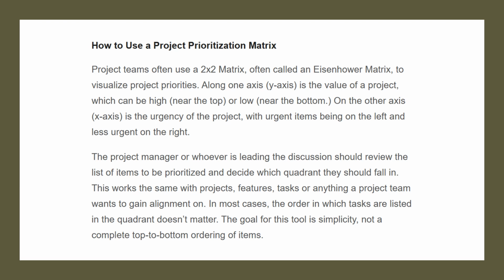In most cases, the order in which tasks are listed in the quadrant does not matter. The goal for this tool is simplicity, not a complete top to bottom ordering of items.